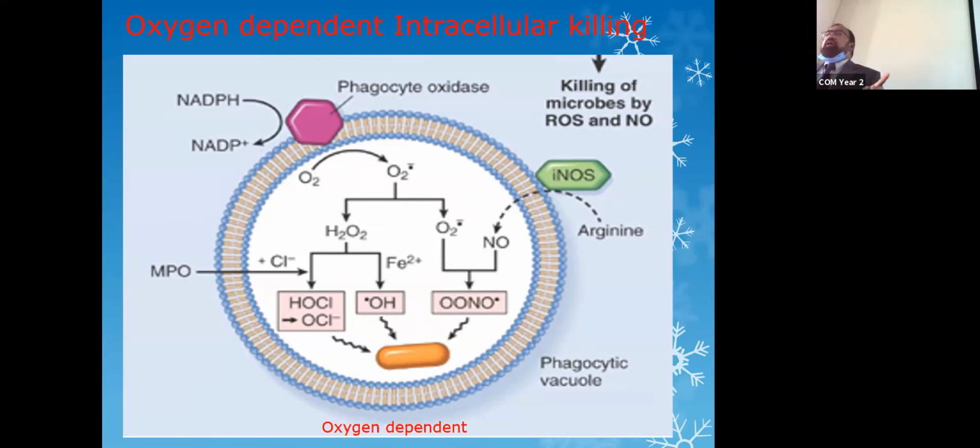If it is not killed by the oxygen independent pathway, then the oxygen dependent pathway takes place, and finally it has been killed. After killing the bacteria with these powerful chemicals, the neutrophil bursts itself, it dies off, and the chemicals are then secreted outside.